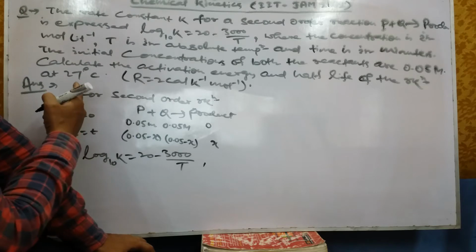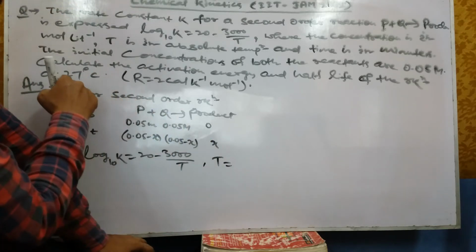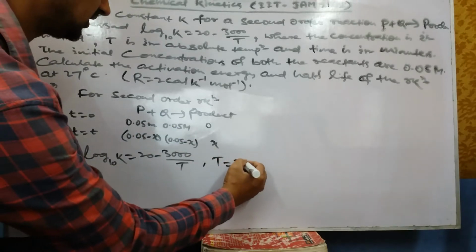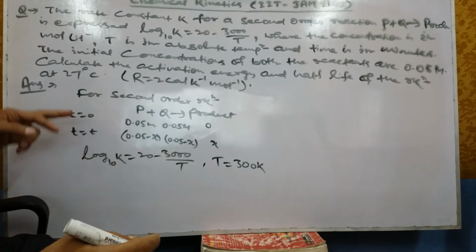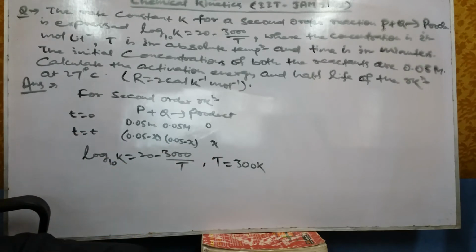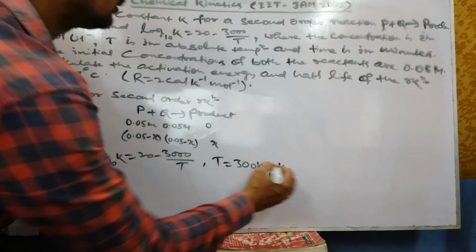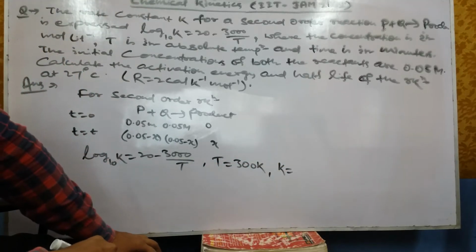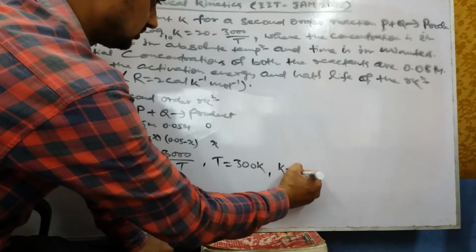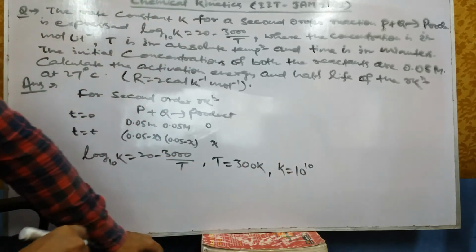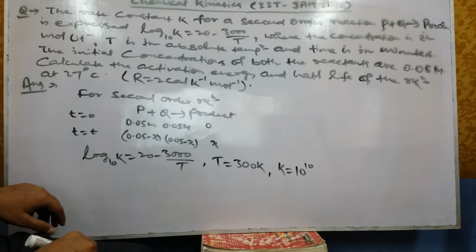We have to convert degrees Celsius into Kelvin: T is 27 plus 273, equal to 300 Kelvin. We have to put this value in this problem, 300 Kelvin, and K is also given, 10 to the power 10. These are given in this problem.